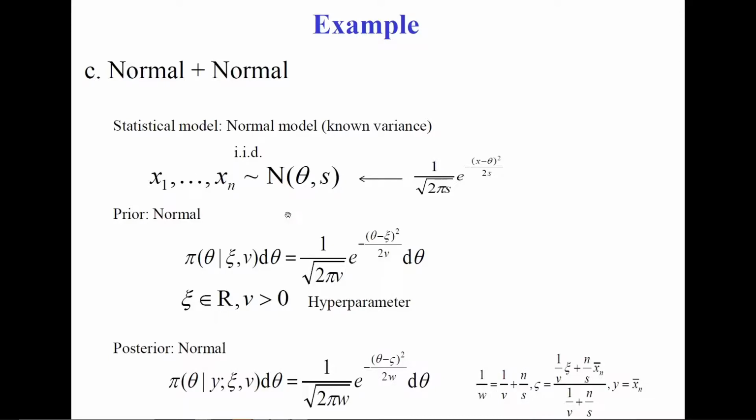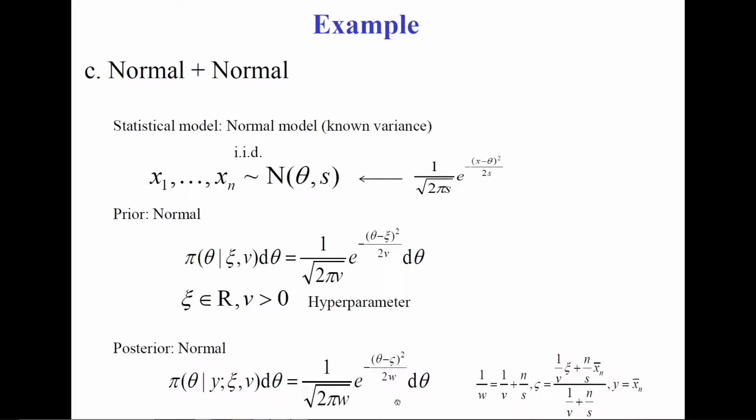For this model, the conjugate prior of the parameter theta is given by a normal distribution. Here, xi and V are hyperparameters. xi is a real number, and V is a positive constant. Using this form, we obtain the posterior distribution, and this is again a normal distribution.